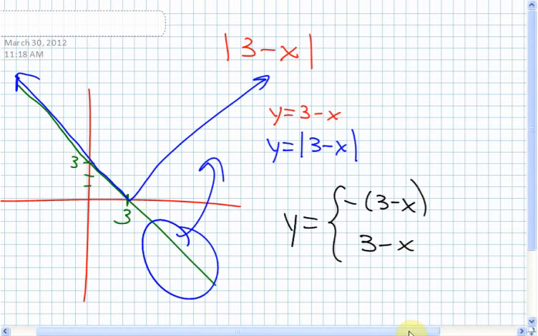3 minus x is the left side. Because it stays the same. The one that stays the same, no reflection, is the positive side. Stay the same, right? So this should be if x is less than 3. Which part got reflected? The right side. So this should be greater or equal to 3. The part that gets reflected is the one with the negative.